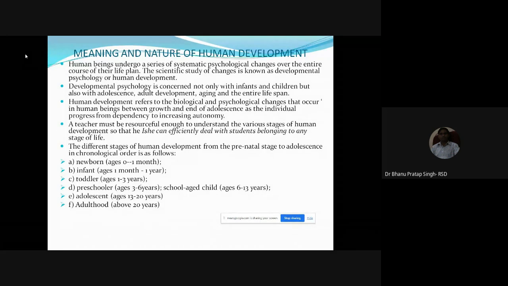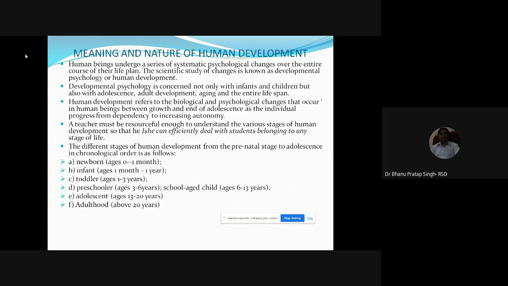So human development refers to the biological, sociological, physical, and now psychological changes that occur in a human being from growth until the end of adolescence, as an individual progresses from dependency to increasing autonomy. Human development takes place at every stage. So the role of the teacher again becomes very important.